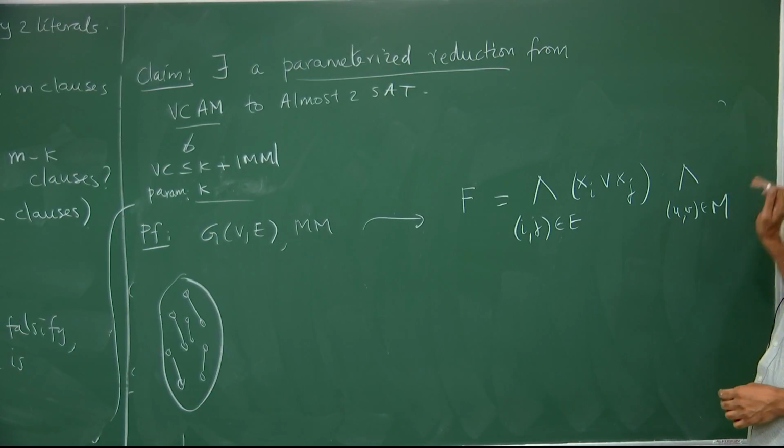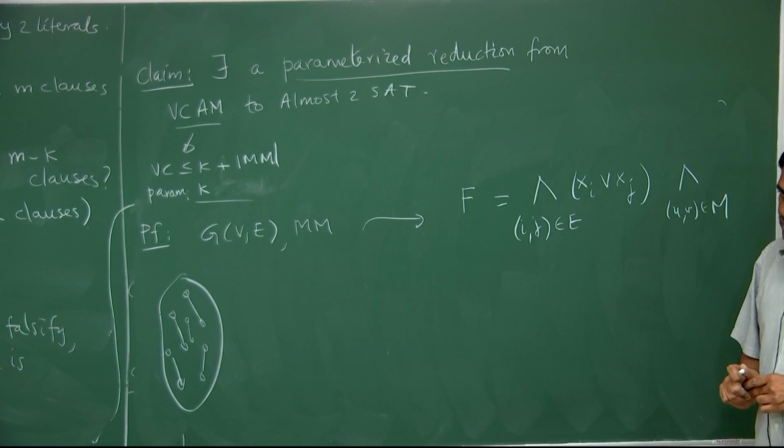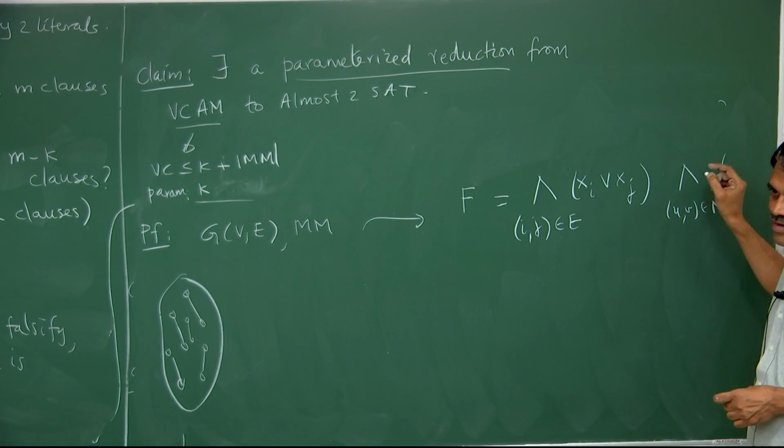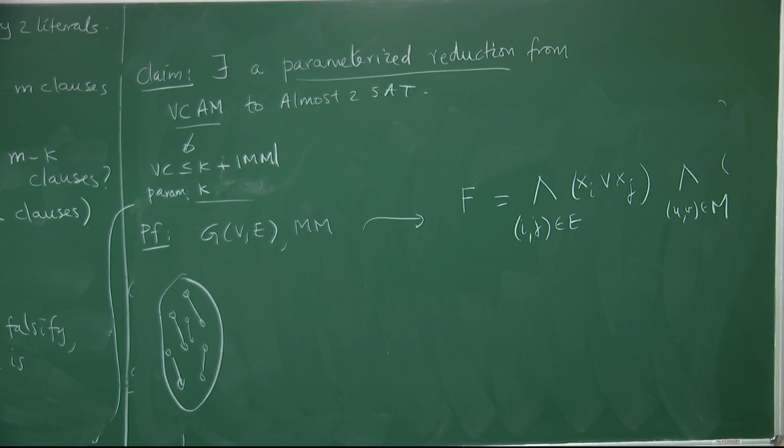How can I say that? I have to write an OR, because 2CNF means it's ANDs of ORs. How do I say don't pick both? In one edge, I am talking about one edge. The AND will take care of every edge. In one edge, I am just saying both should not be in.